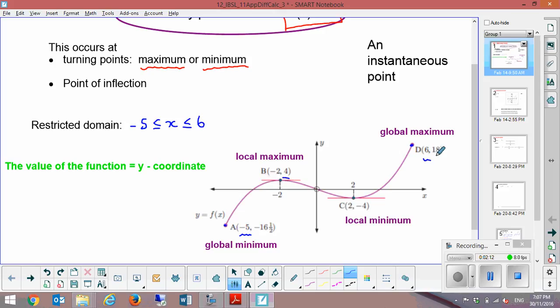So they're both a maximum, but this is your global for the whole domain. This is the highest value that the function gets to, whereas here it's just a local maximum.